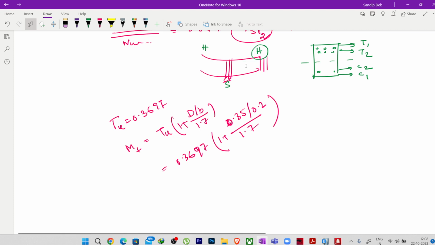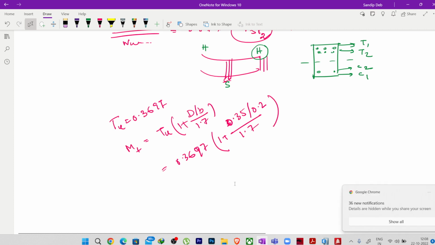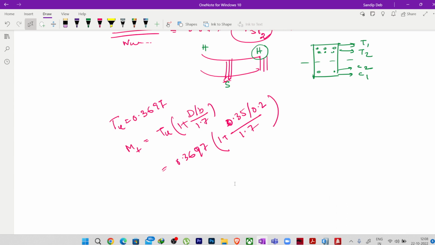D is 350, so 0.35 divided by 0.2 divided by 1.7. I am getting 0.75. Is it correct or not? What have I written? Let me check.